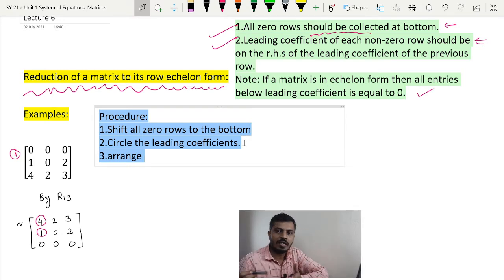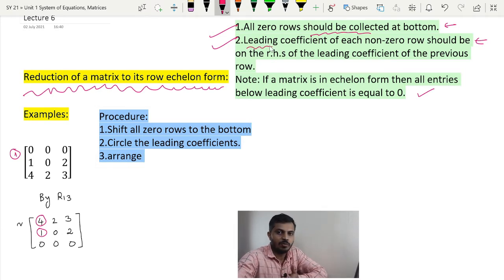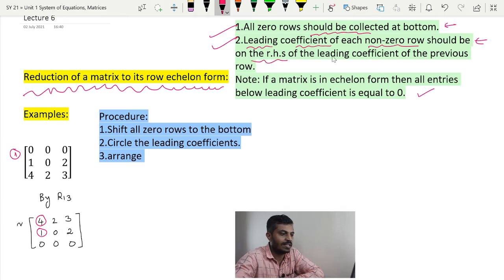Now why are we arranging the rows in appropriate order? You will understand what I mean. Because the second condition says that the leading coefficient of each non-zero row should be on the right hand side of the leading coefficient of the previous row.